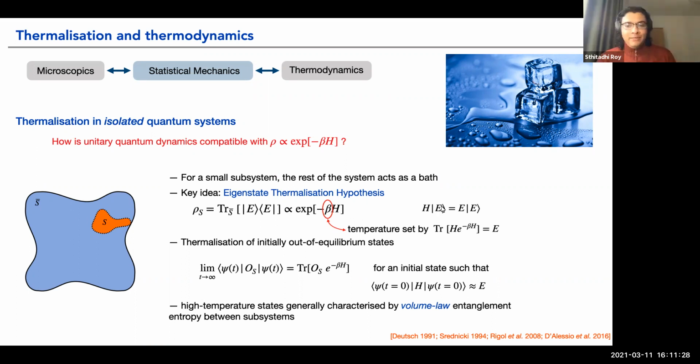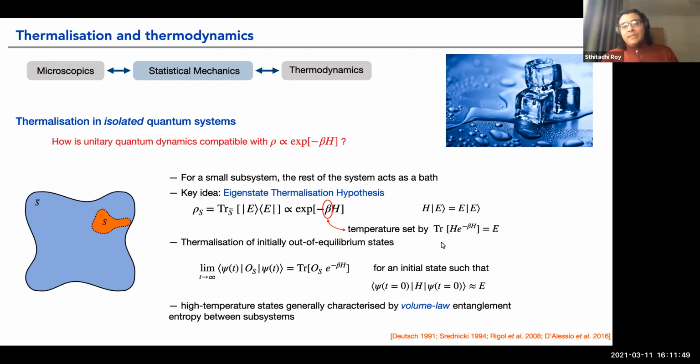if you give me an eigenstate at energy E, then if I trace out all the degrees of freedom, barring a few, which are supported on this subsystem S, then this reduced density matrix indeed looks like a Gibbs ensemble. And the temperature of the Gibbs ensemble is actually set by the energy of the eigenstate measured with respect to the Hamiltonian.